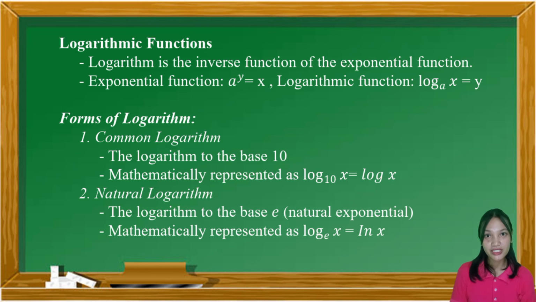A common logarithm is the logarithm to the base 10 and is mathematically represented as the logarithm of base 10 of x is equal to log x, while the natural logarithm is the logarithm to the base e, which is the natural exponential, and is mathematically represented as the logarithm of base e of x is equal to the natural logarithm of x, or ln x.